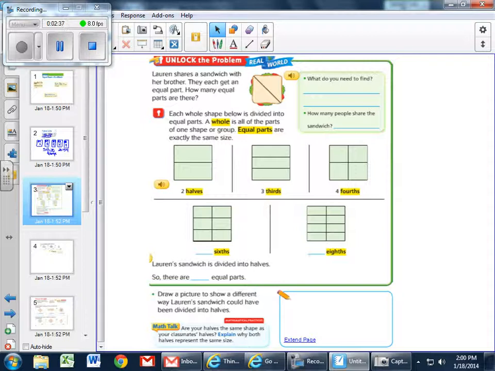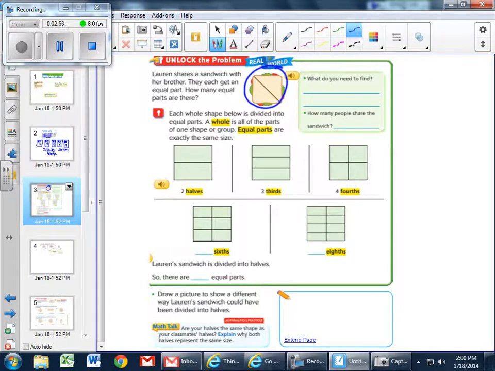Unlock the problem, the real world. Lauren shares a sandwich with her brother. How sweet. They each get an equal part. How many equal parts are there? So here's the sandwich. She has it split into equal parts. What do we need to find?